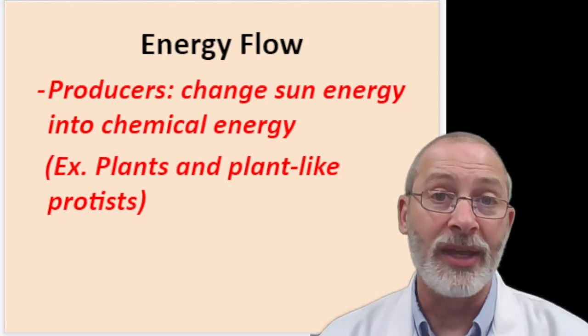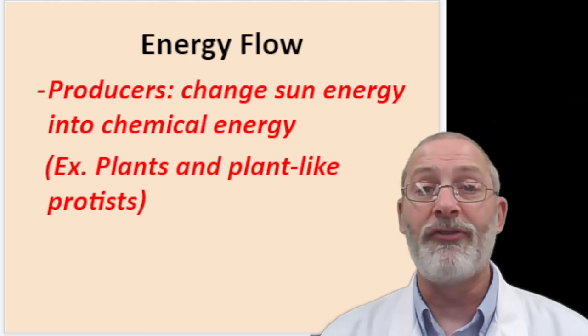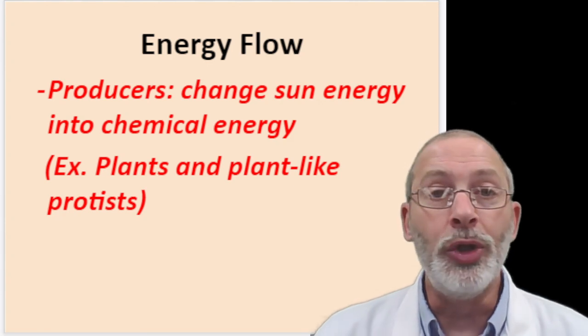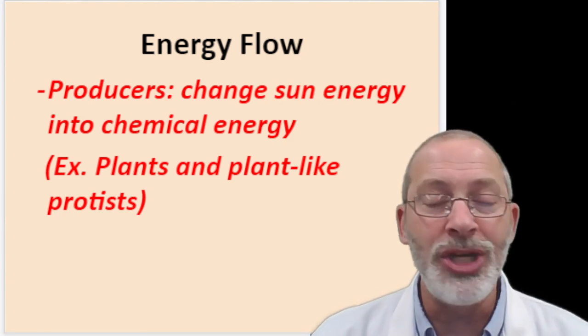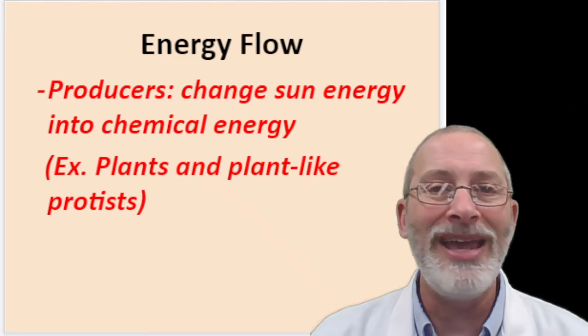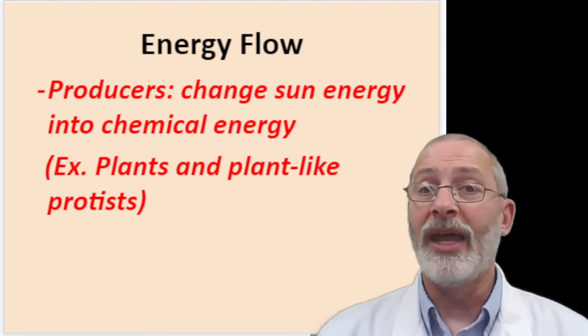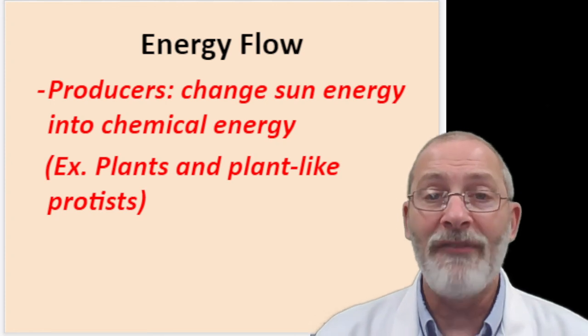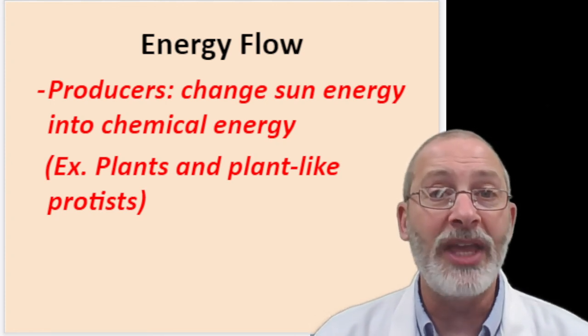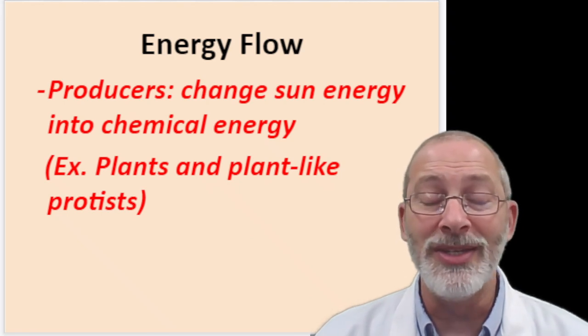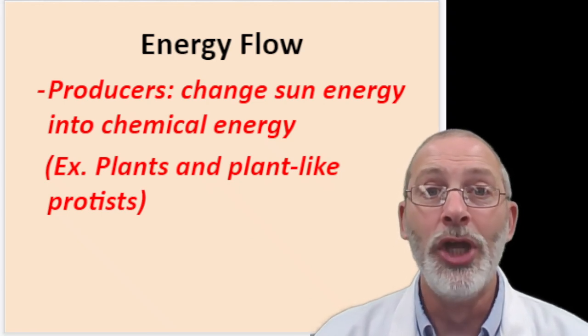And the most basic form of food is sugar, glucose. Glucose is nature's chemical energy powerhouse. All organisms that live on Earth have to take in some form of chemical energy. And by and large, in most cases, that is a form of glucose.